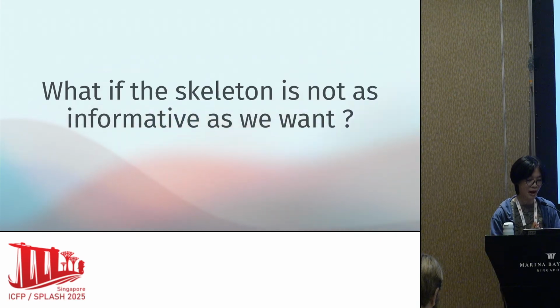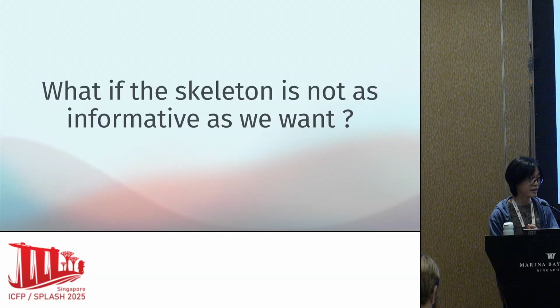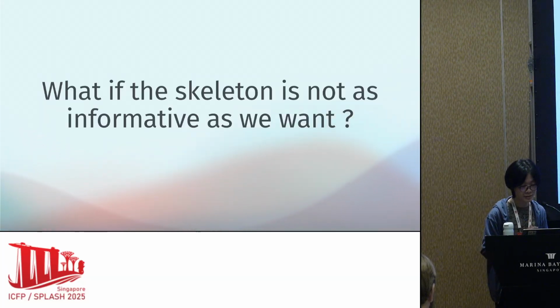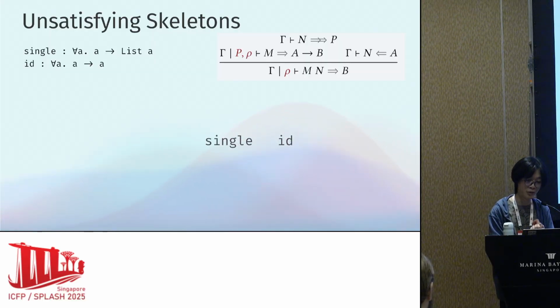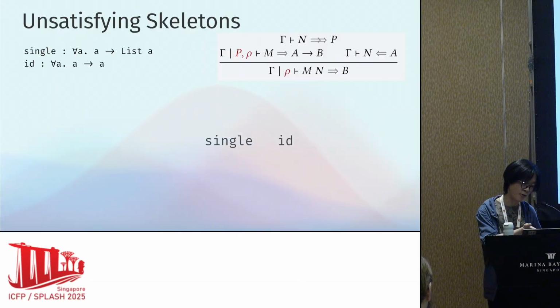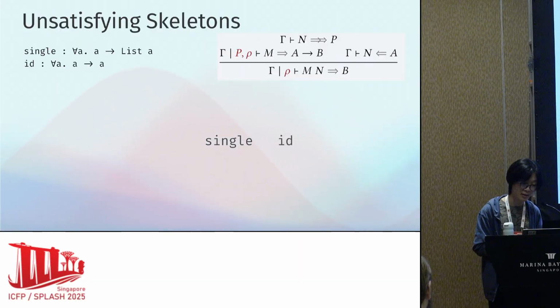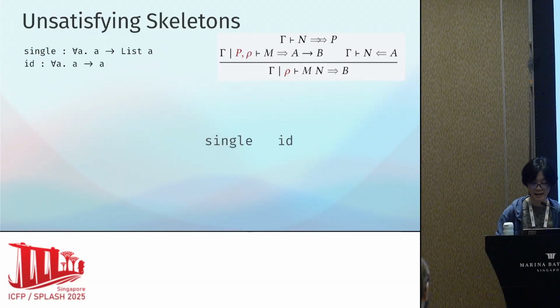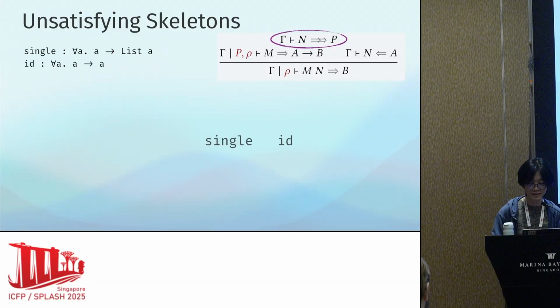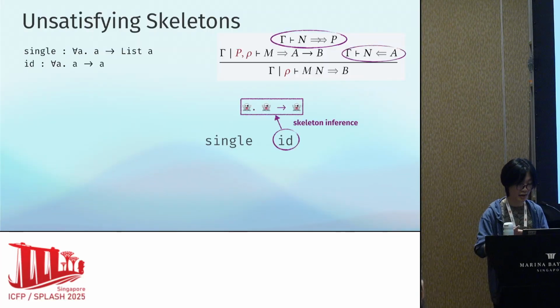And another question is, the skeleton may not be as informative as we want. There is a very simple example to see why. Say you have single, which creates a list, applied to the identity function. By default, we infer a skeleton for the argument id, which is ghost to ghost.